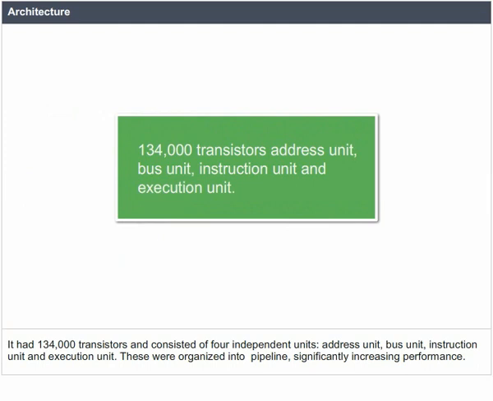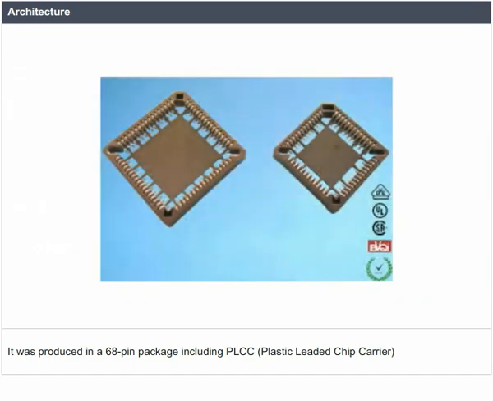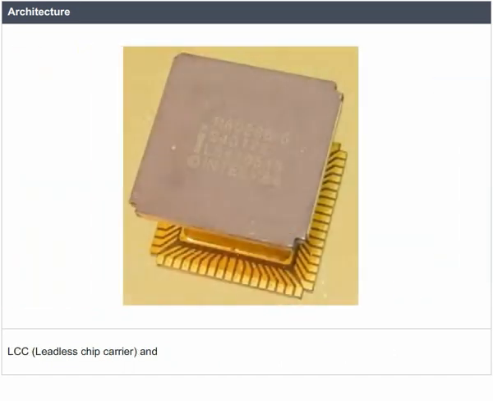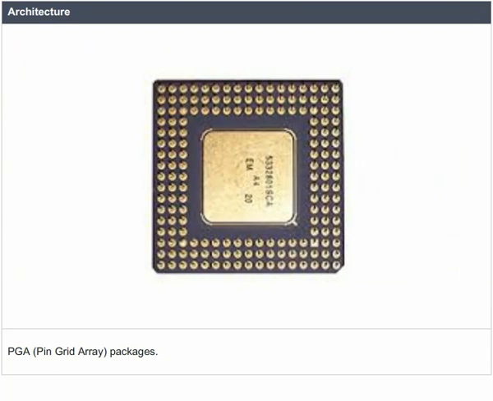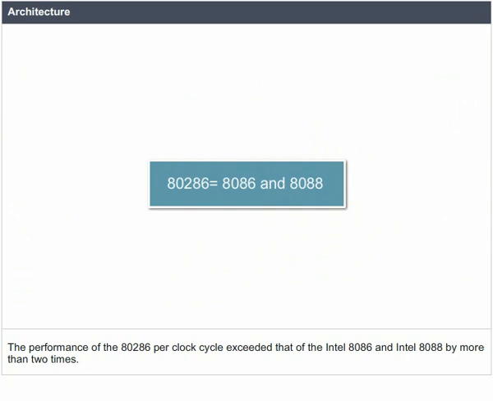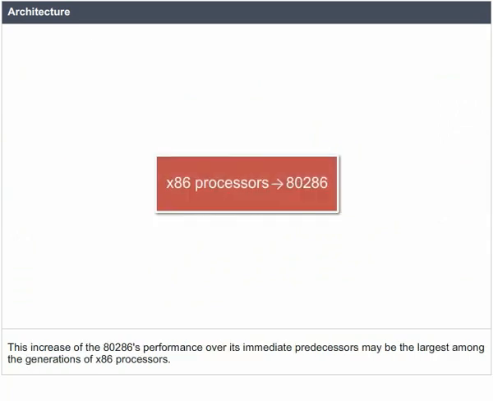It was produced in a 68-pin package, including PLCC (plastic leaded chip carrier), LCC (leadless chip carrier), and PGA (pin grid array) packages. The performance of the 80286 per clock cycle exceeded that of the Intel 8086 and Intel 8088 by more than 2 times. This increase of the 80286's performance over its immediate predecessors may be the largest among the generation of x86 processors.